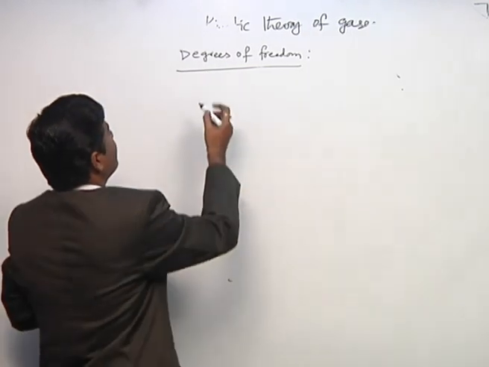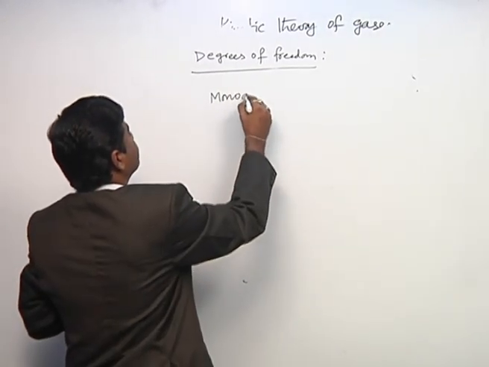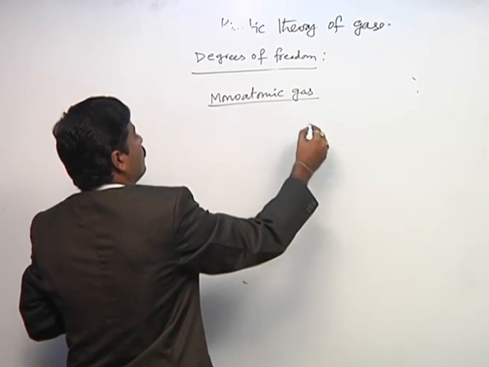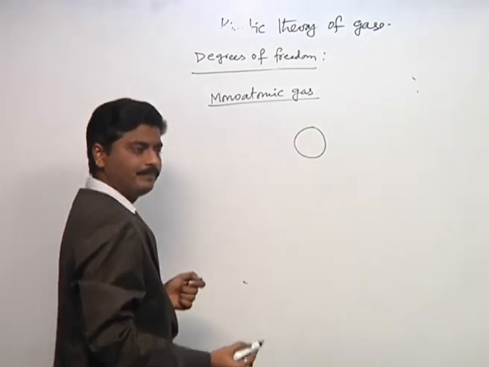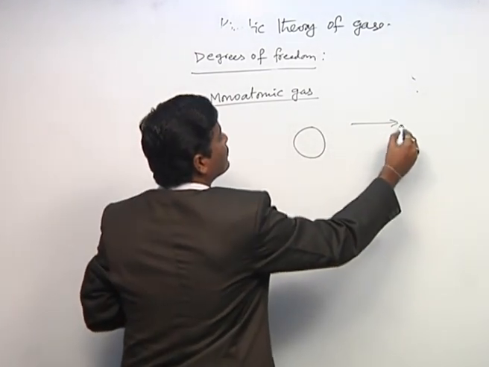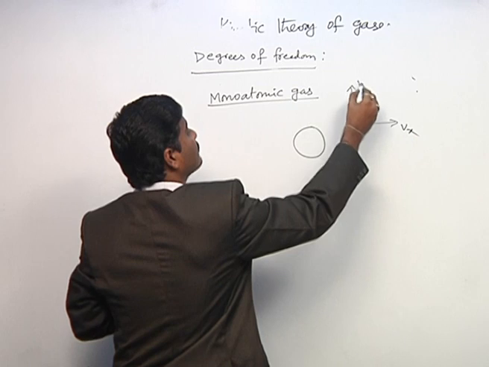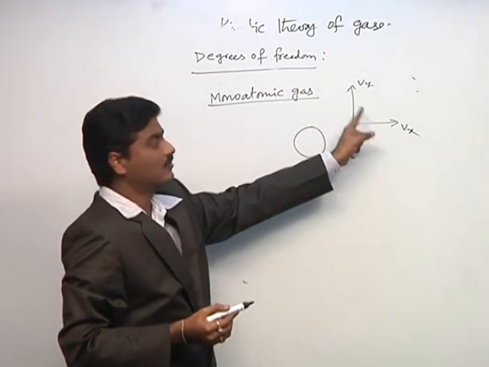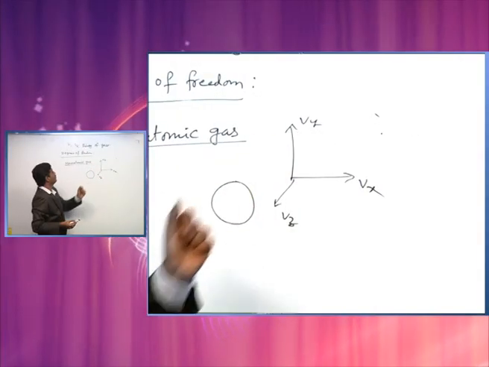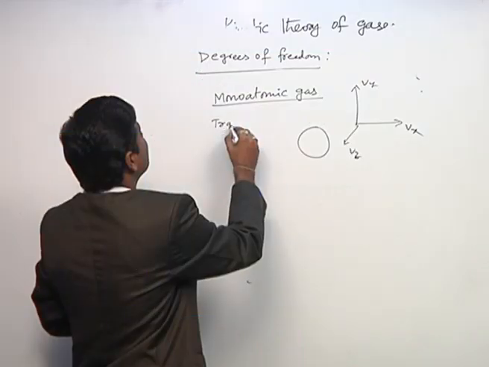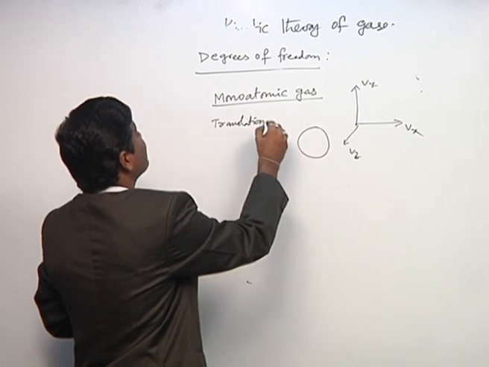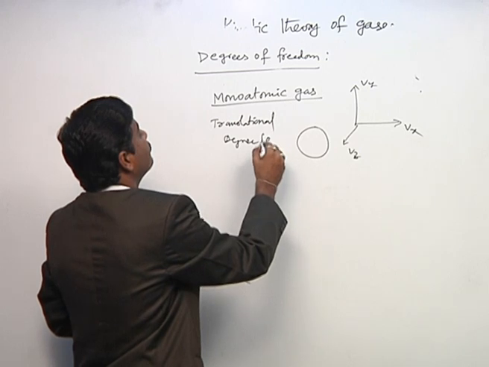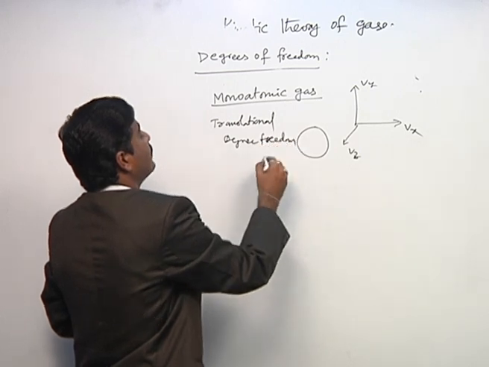Suppose it is a monoatomic gas. Only one atom, it will move along the x-axis, maybe along the y-axis, and along the z-axis. So V_x, V_y, V_z are independent of each other. Definitely, for monoatomic gases, the number of translational degrees of freedom is 3.